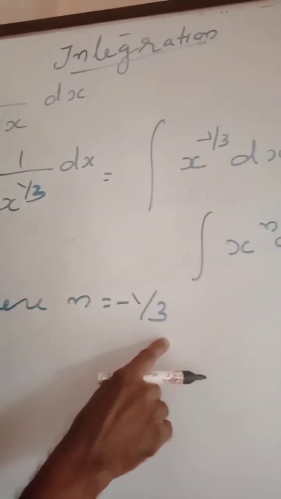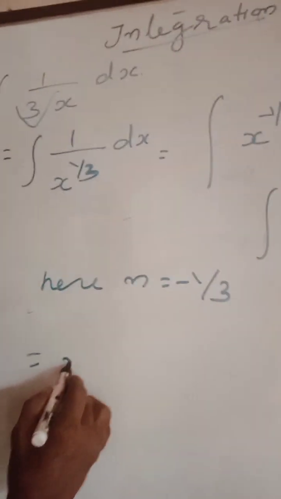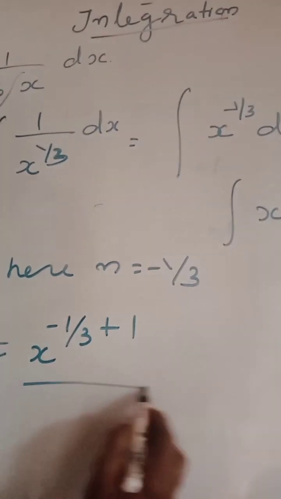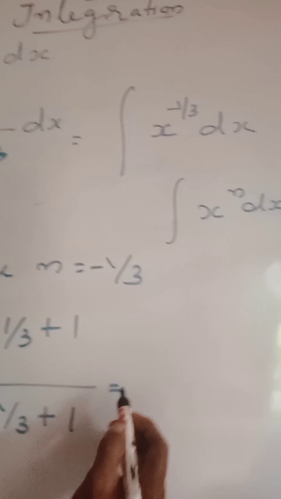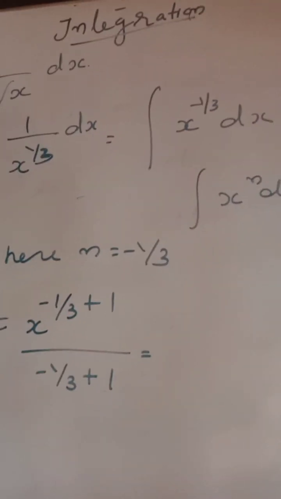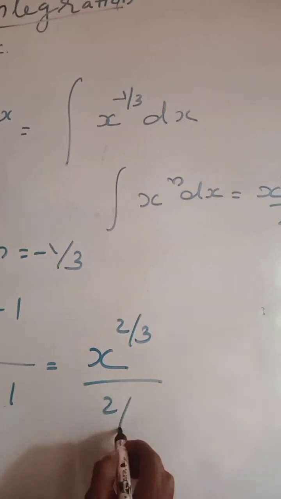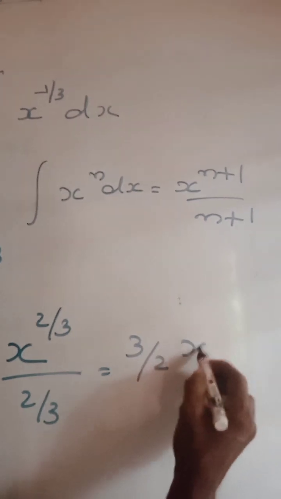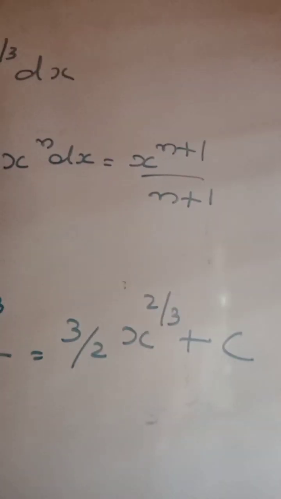Here n is equal to minus 1 by 3. Therefore, this is equal to x raised to minus 1 by 3 plus 1 divided by minus 1 by 3 plus 1, equal to x raised to 2 by 3 divided by 2 by 3, which is equal to 3 by 2 into x raised to 2 by 3 plus c. C is the constant of integration.